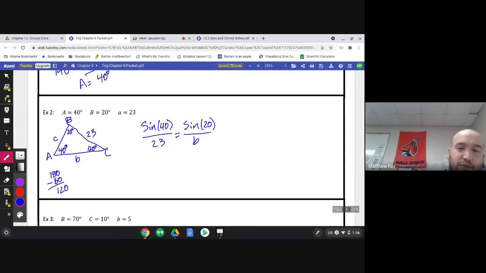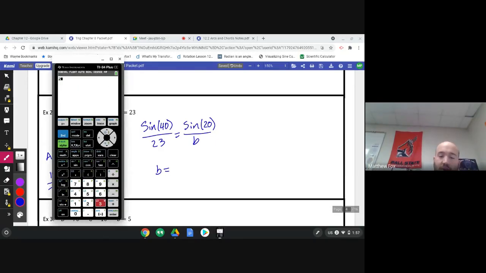We get b times sine 40, so our final value of b will be 23 times sine of 20 divided by that sine of 40. So 23 times sine of 20 divided by sine of 40. We hit enter and we get 12.2.